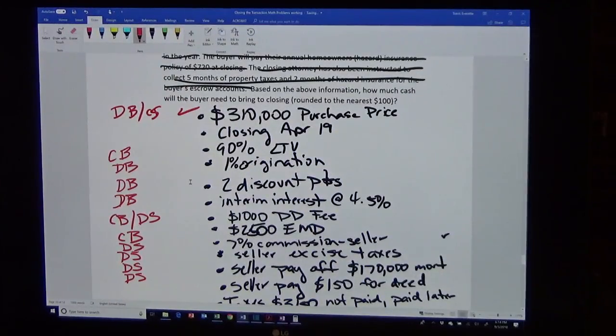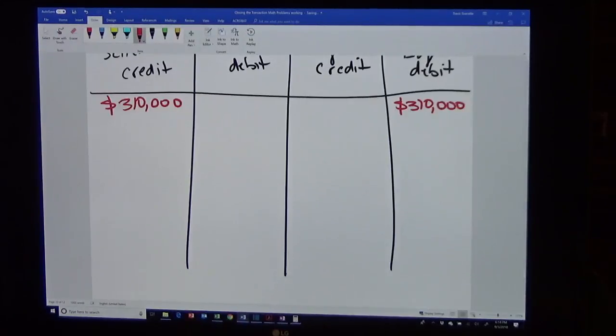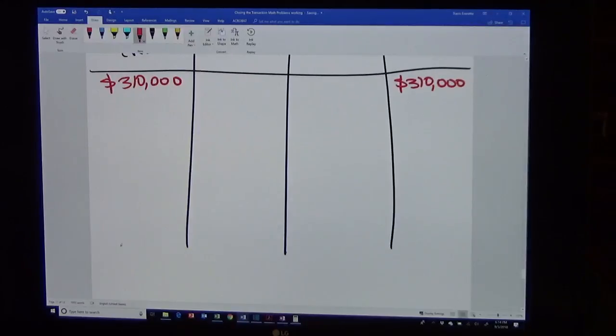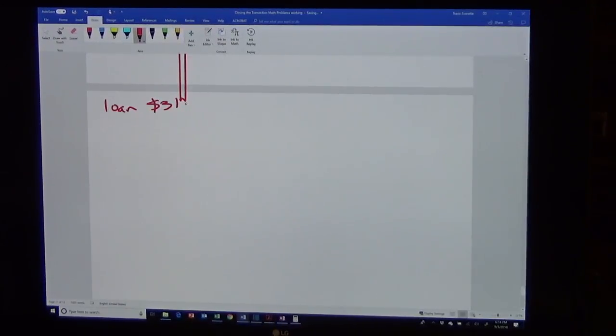90% loan to value loan. Okay, well, I'll do it right over here, actually I'll scroll down to the other page. 90% loan to value loan. Alright. We got a $310,000 purchase price, so the loan is going to be $310,000.